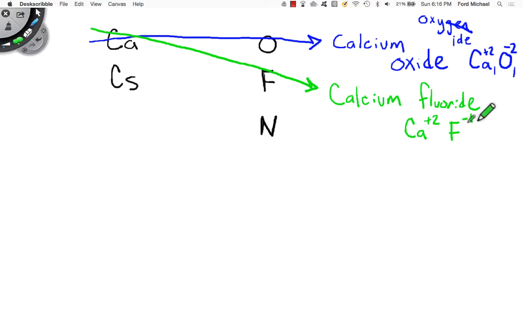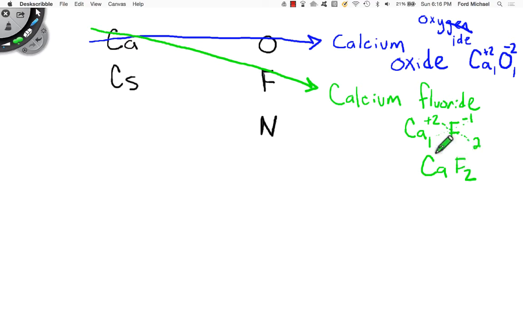So what we have to do is get balance. One quick way to get balance is to do a little crisscross. Take my 2 down here, take my 1 down here, and that way I have 2 atoms that are minus 1 charge. My total negative charge is minus 2. My total positive charge is plus 2. We wouldn't really write the 1. Usually we'd write this. Okay, so that's the formula for calcium fluoride.